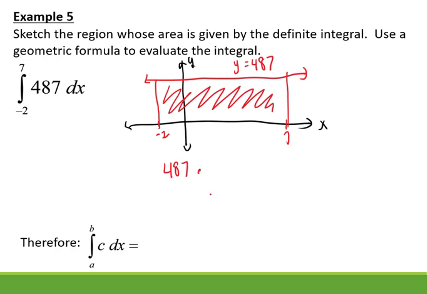So when I solve that, I'm going to get 4,383. Therefore, when I have a constant here, it's the constant times b minus a. Height times width. And that's actually going to mean something to us after we do an activity.